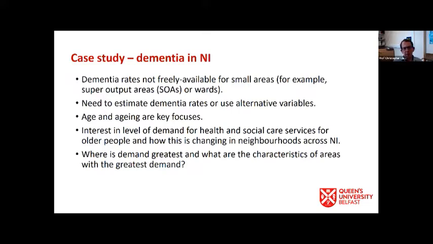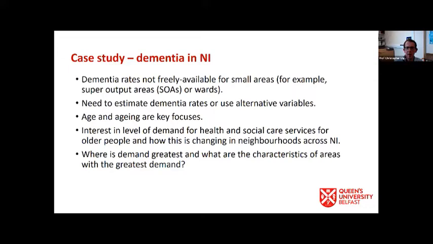So thinking about this particular class of health conditions, so thinking about people living with dementia, one of the things that I'm particularly interested in, as I've said already, is the geography of inequalities, and in this particular case, health conditions, and in this very particular case, dementia.